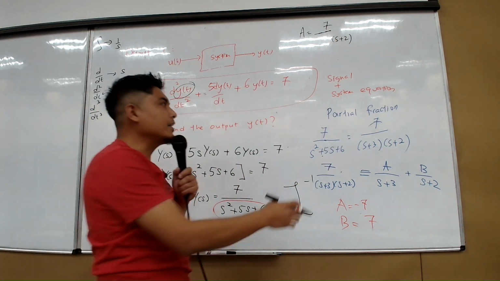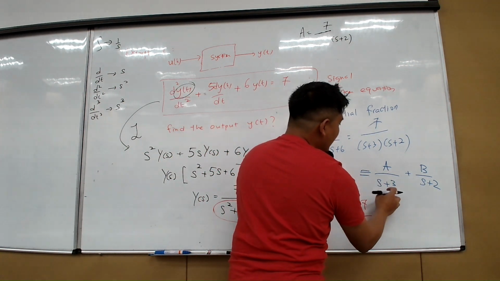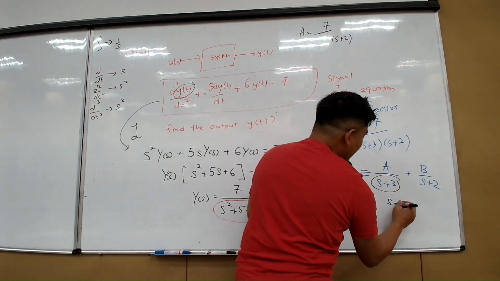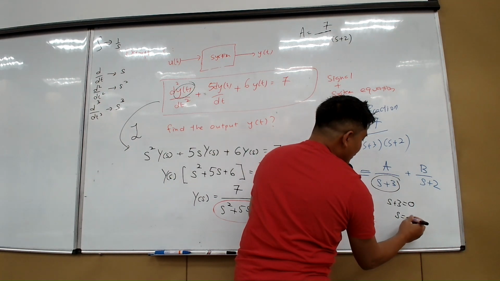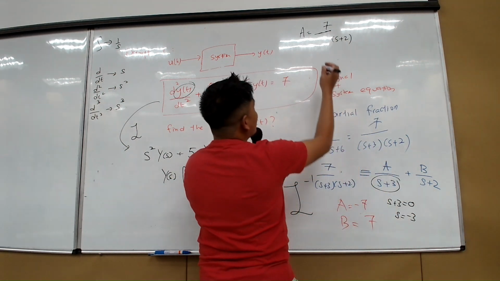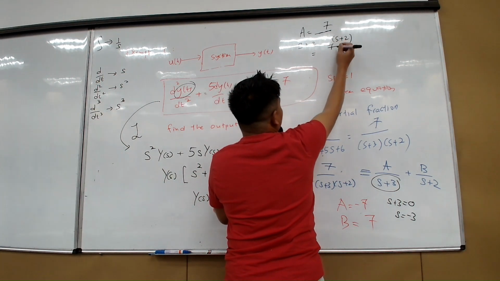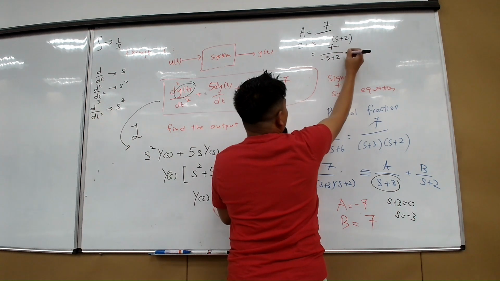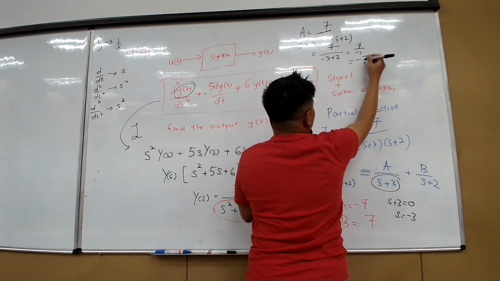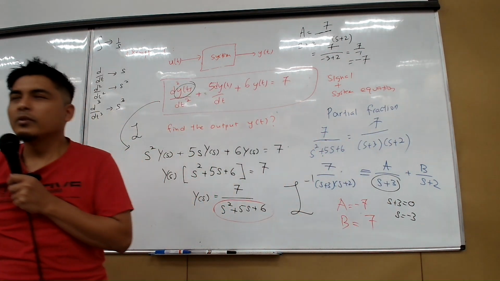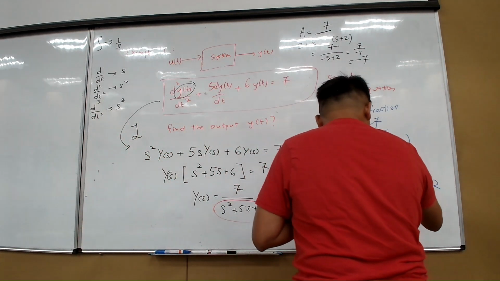And since under A is s plus 3, you make it equal to 0. So you replace s with negative 3. 7 over negative 3 plus 2, you get 7 divided by negative 1, which becomes negative 7. So now you already know your A value.